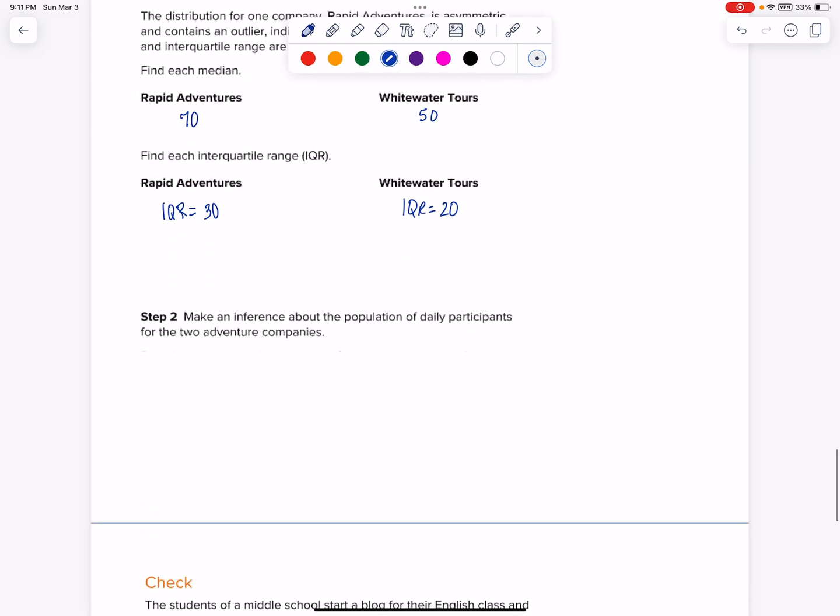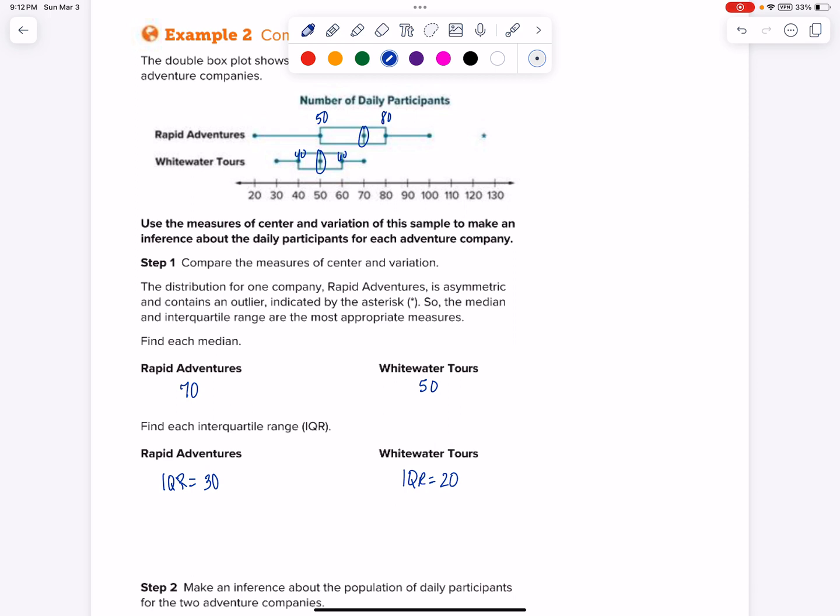Okay, so make an inference about the population of daily participants for the 2 adventure companies. So what could you say? Well, overall, it looks like Rapid Adventures tends to have more participants. Their median is higher than Whitewater. The only difference is Whitewater is much more consistent because look how tight their data is. Their IQR is tighter, their overall box plot is tighter.